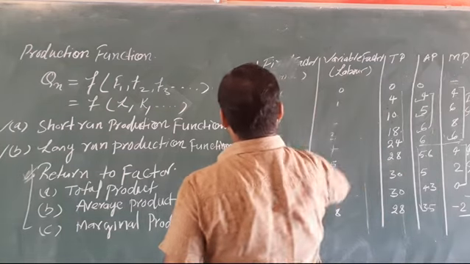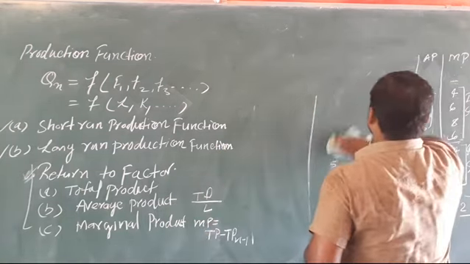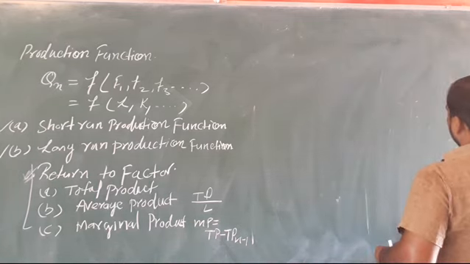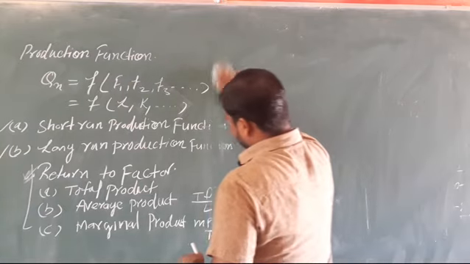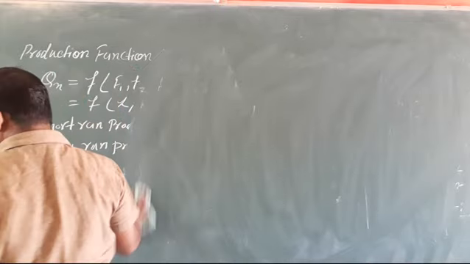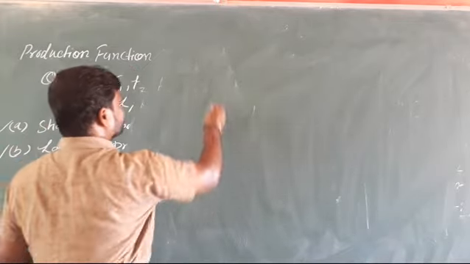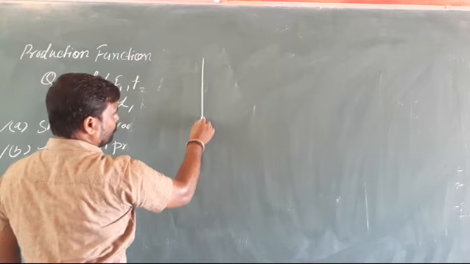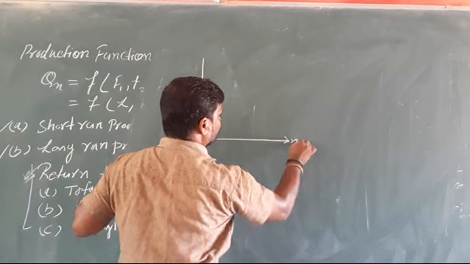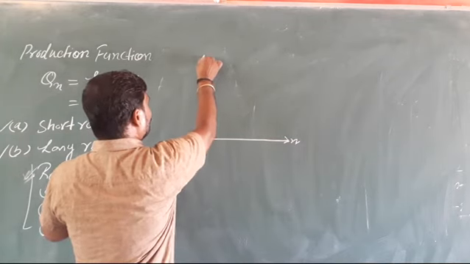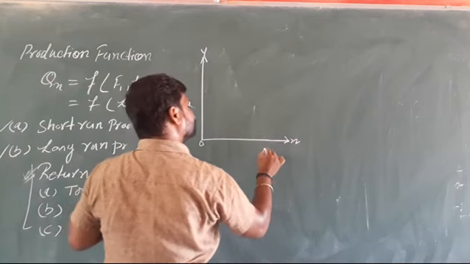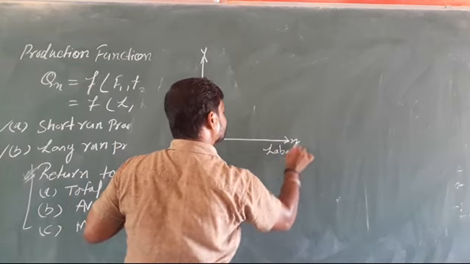I am going to draw a diagram here to understand the relationship between marginal product, total product and average product. Now here we are going to make a graph. The first we will draw is the graph of total product. This will be TP and this will be labor.